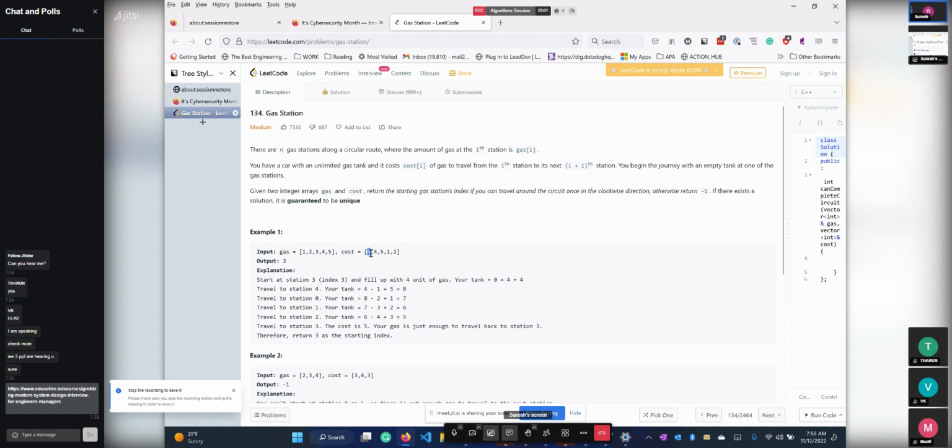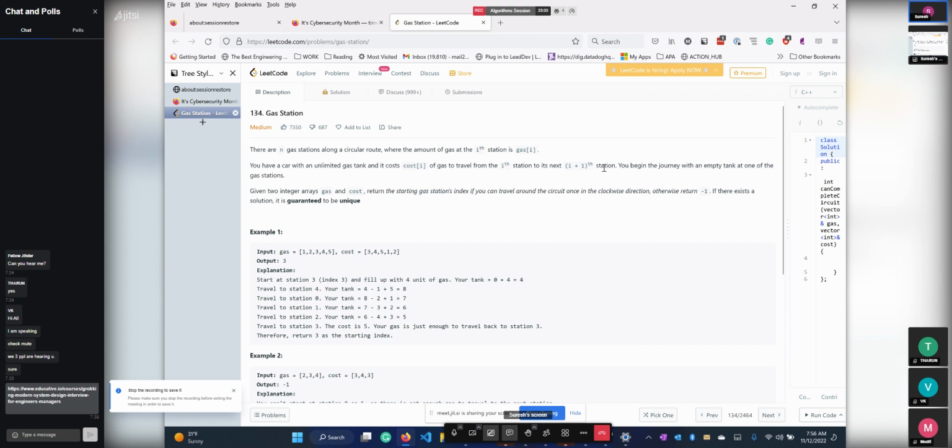What is meant by this is, if you want to travel from the 0th station to the first station, how many gallons are required? 3 gallons required. From the 0th to first, you need cost[0], which is 3 gallons.